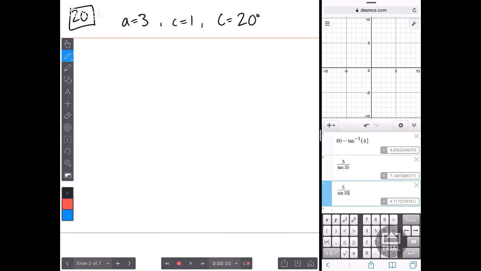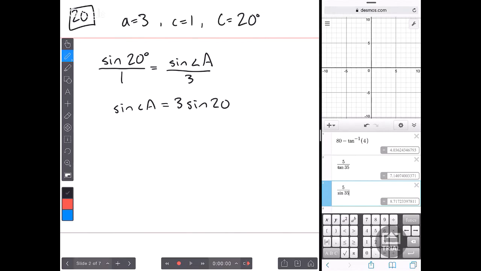So I'm going to say, let's see, sine of 20 degrees over the opposite side 1 is equal to the sine of angle A over its opposite side 3. Meaning that sine of angle A equals 3 sine 20.